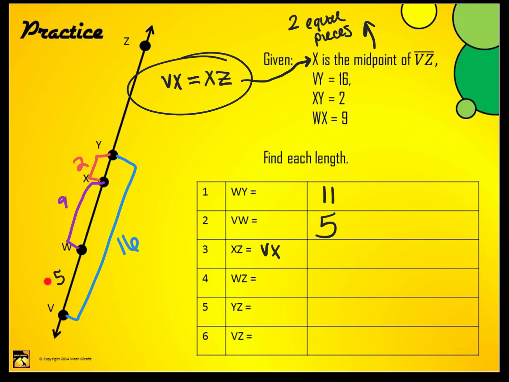So from V to X, we have 5 and 9. So if we add 5 and 9, that gives us that VX is equal to 14, which means that XZ would also be equal to 14. Right, so let me draw that on here. So we know from here to here now is 14.